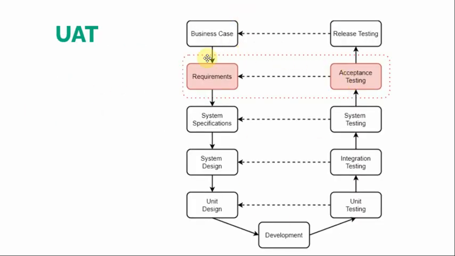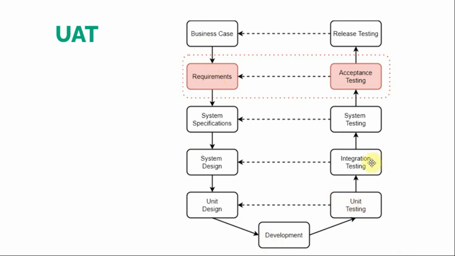In the V model, UAT comes at the requirement level, validating the requirements. If we look at the software development V model, there comes a business case, and from the business case we extract the requirements, then system specification, system design, and unit level design, then we start the development, and then we start testing each unit.